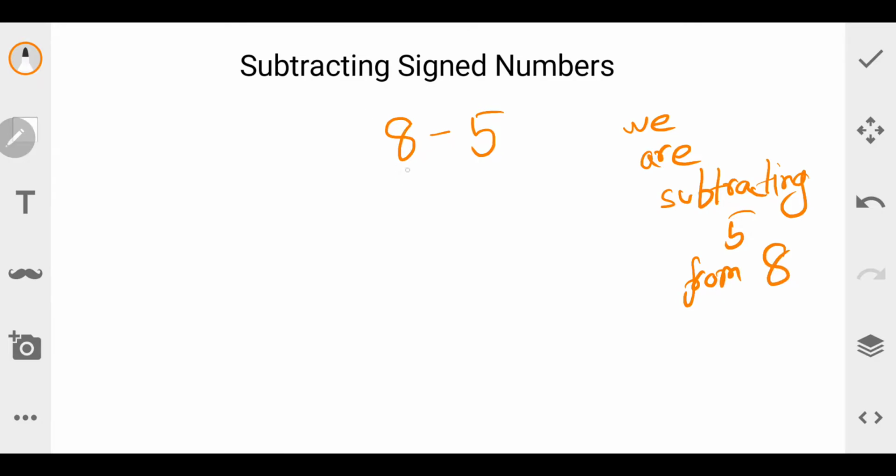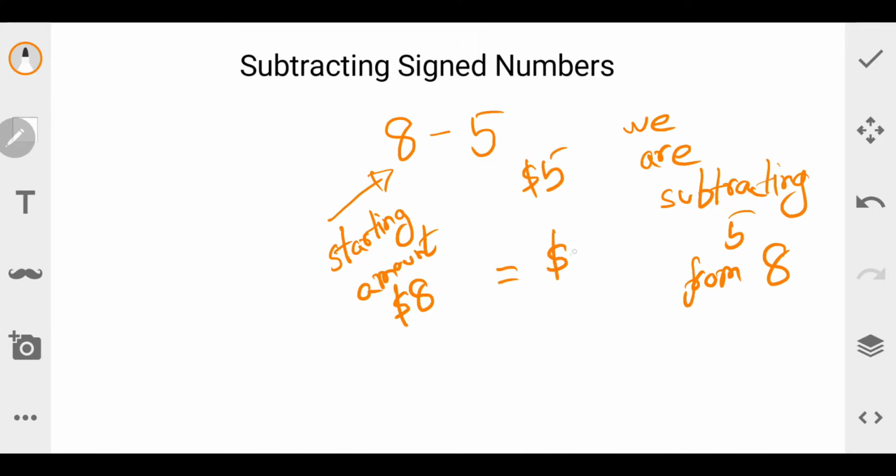So 8 is your starting amount, and you're going to call it $8, and you're subtracting $5, so you're going to end up with $3, right?